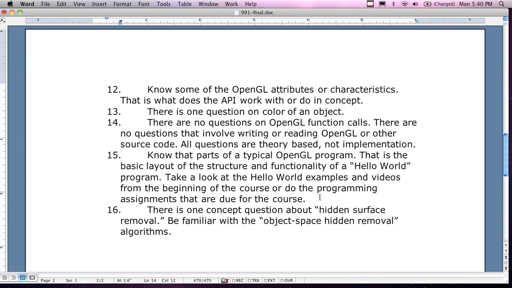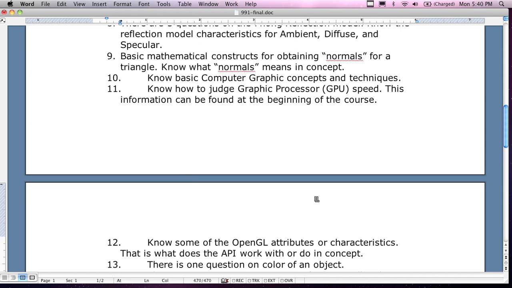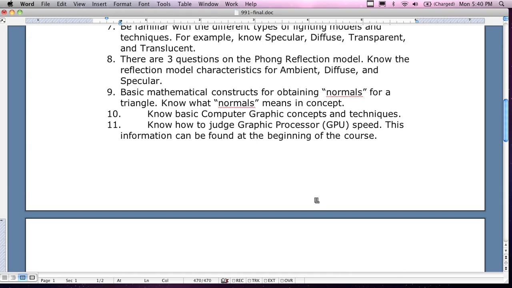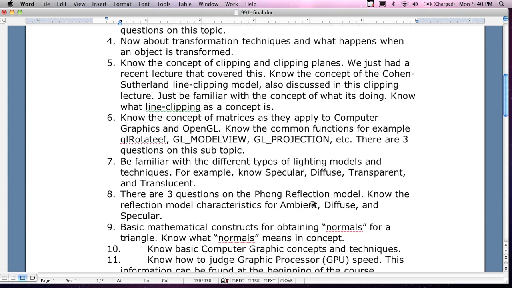And the last question, last but not least, question number 25 on the exam was a true or false question. It's about OpenGL. It's a basic question, actually, about OpenGL. I can't read you the question because the question is true or false. So I think I mentioned up here something about OpenGL.